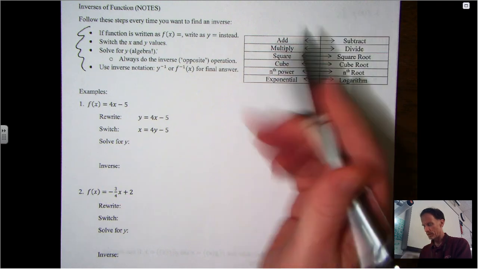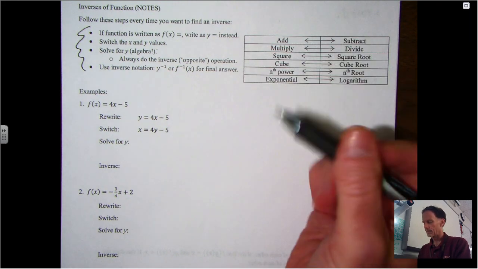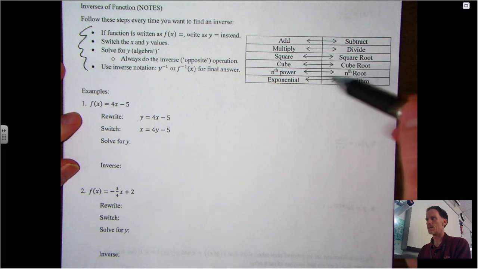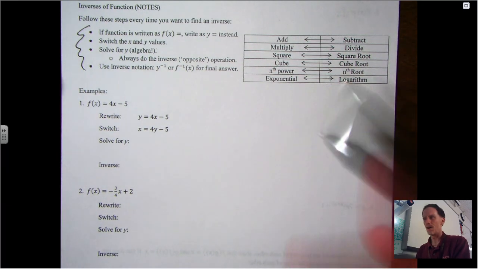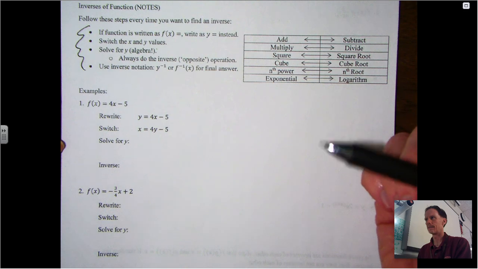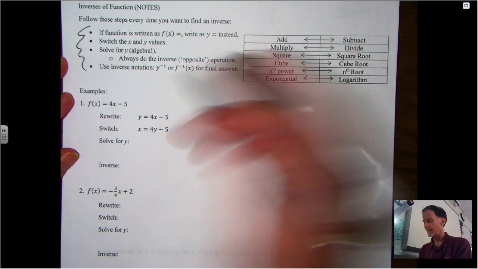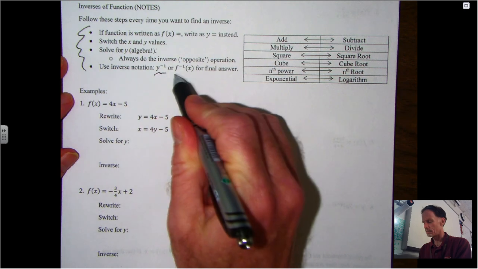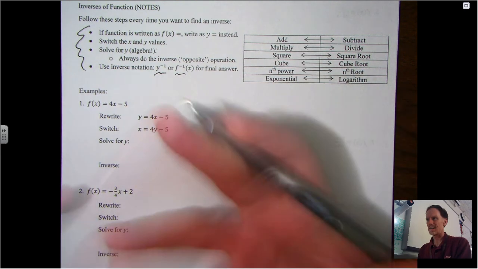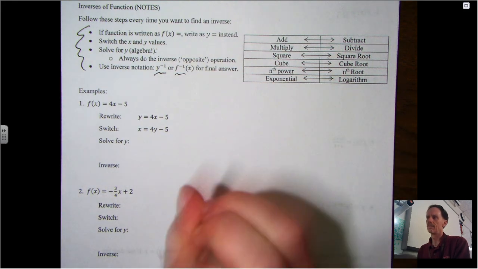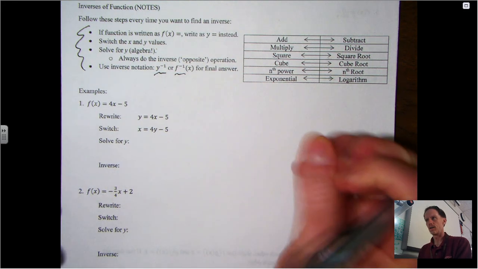And remember, we're always going to do the opposite thing. I have a table of opposite operations. Your algebra is the upshot of that. Once you isolate the y, we just use our notation. This -1 is not an exponent. It's just how we notate that we have an inverse of the original function.